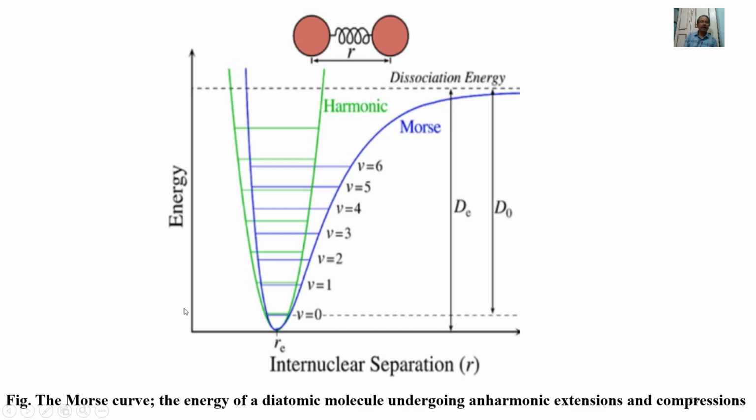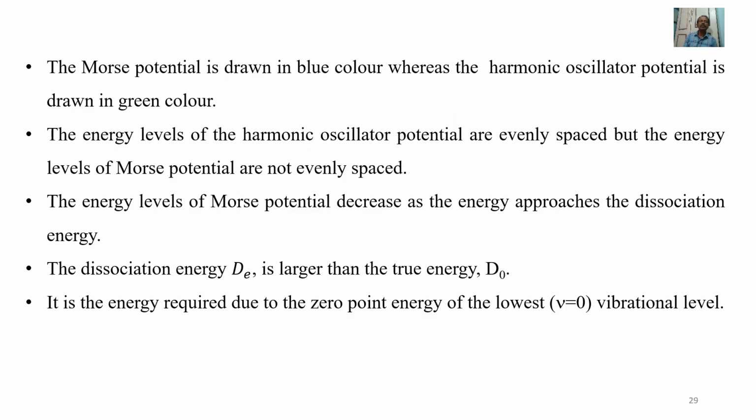The graph has been drawn between energy and the internuclear separation of the two atoms in a diatomic molecule. The Morse potential is drawn in blue color, whereas the harmonic oscillator potential is drawn in green color. The energy levels of the harmonic oscillator potential are evenly spaced, but the energy levels of the Morse potential are not evenly spaced.